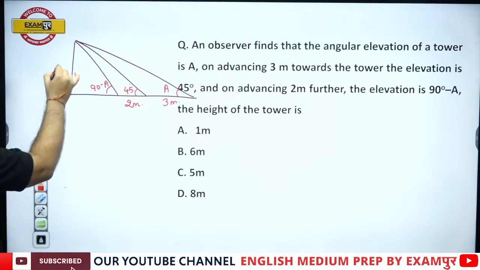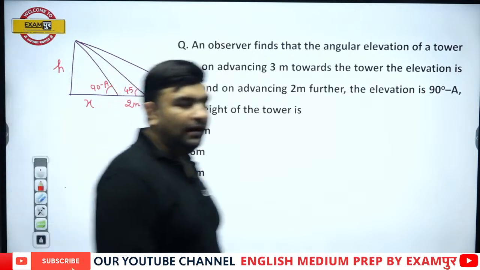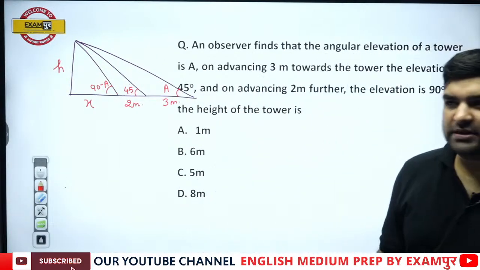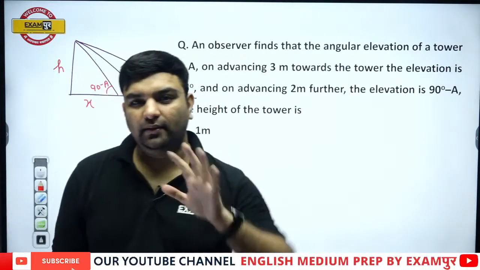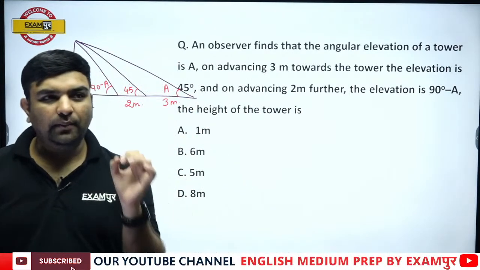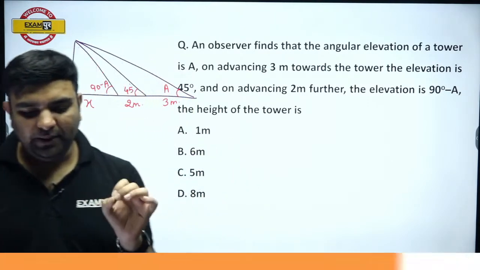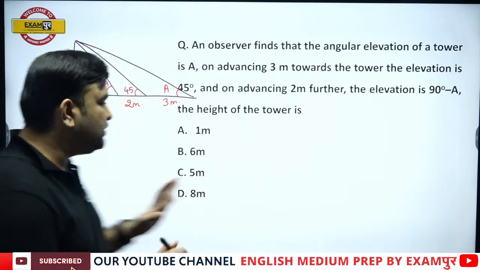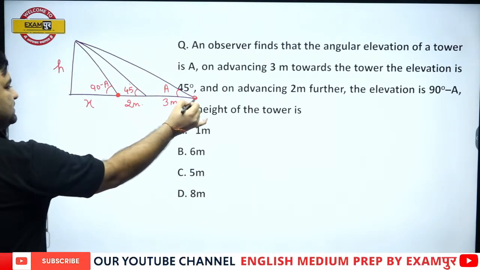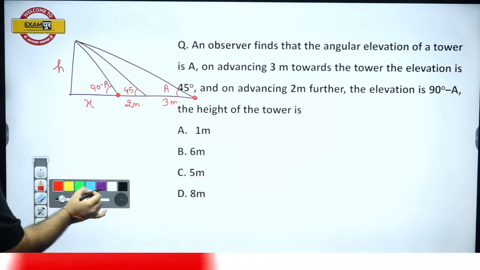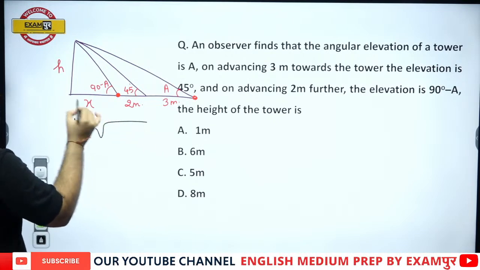What is the height? Let the height be h and this particular distance be x. I have told you something about complementary angles: in case of complementary angles, height is equal to the square root of their distances.